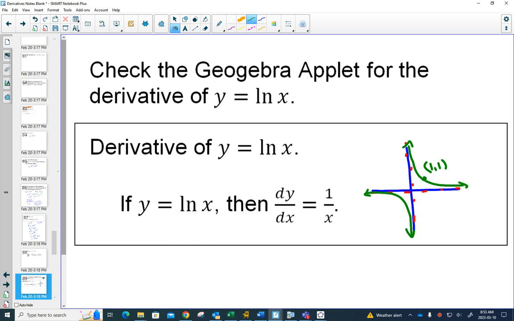The derivative of the natural log of x is only this half because the domain of the natural log of x is only when x is bigger than 0. So its derivative only exists for x bigger than 0.